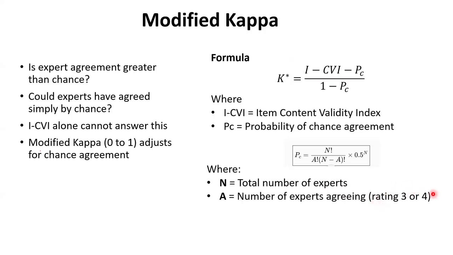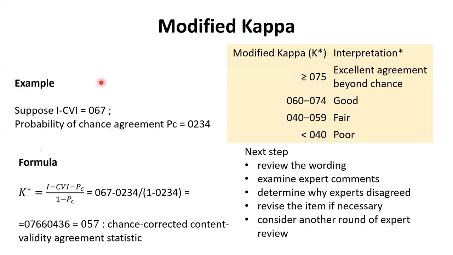the item as relevant. And once you use the formula, say you have your ICVI as 0.67 and probability of chance as 0.234, then you get the chance corrected content validity agreement statistic, which is your modified kappa.